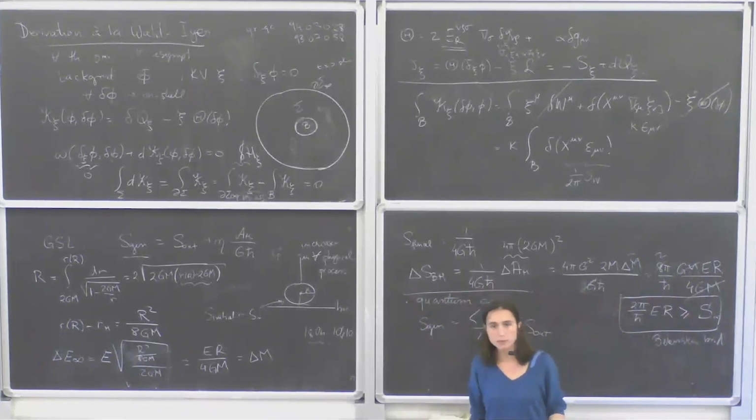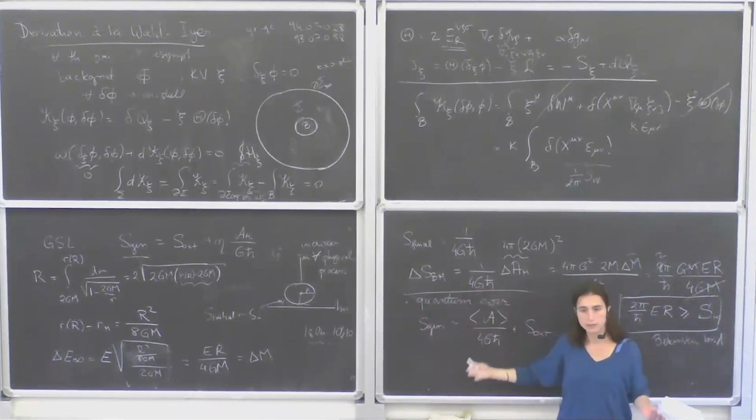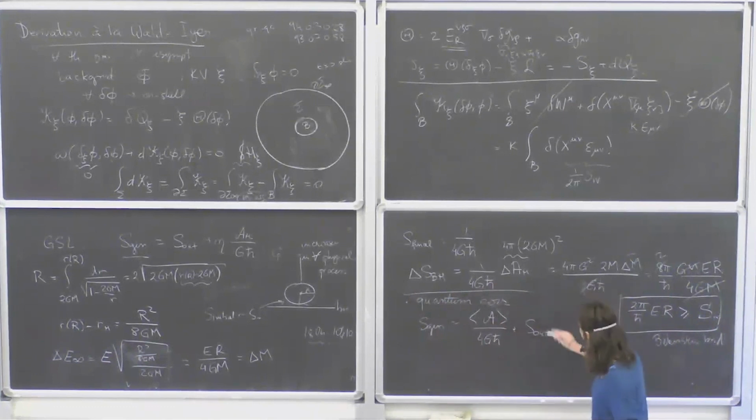You're going to be in some state. You can take the expectation value of this area operator in that state and come up with something. This S out is supposed to represent the entanglement entropy of quantum fields across the horizon.